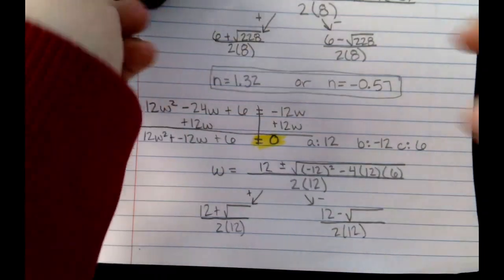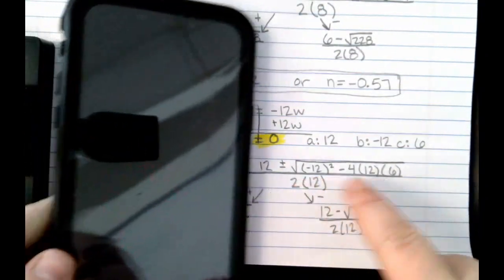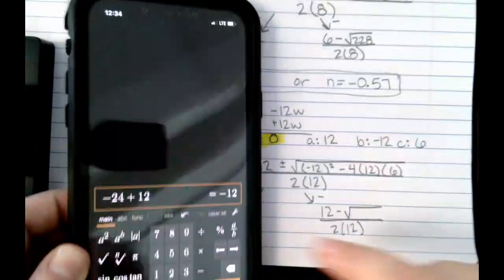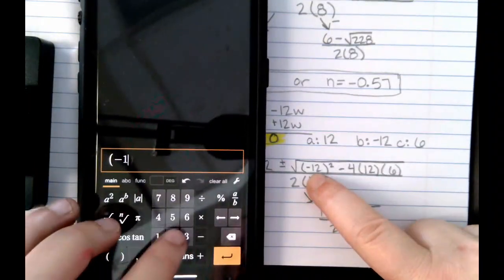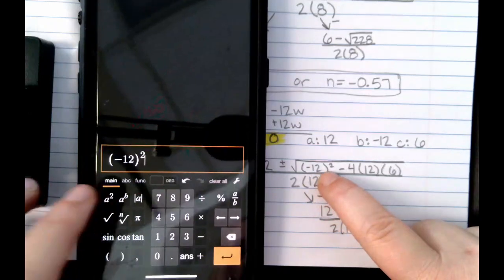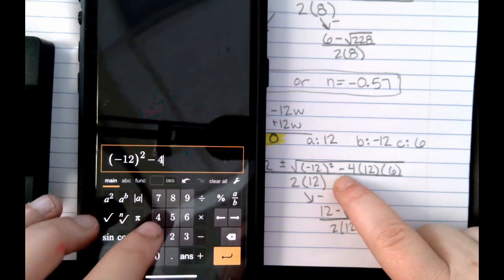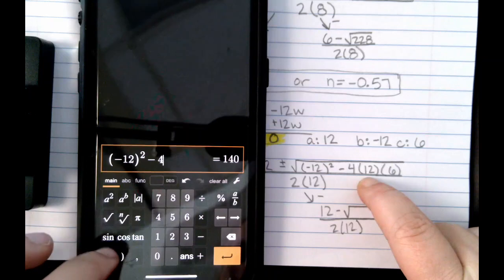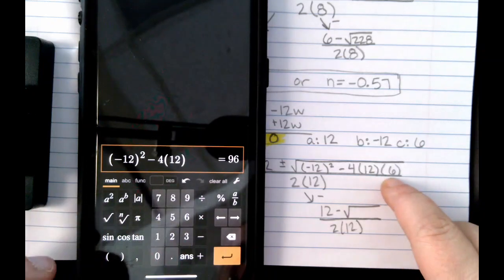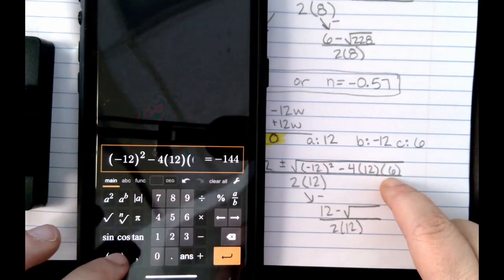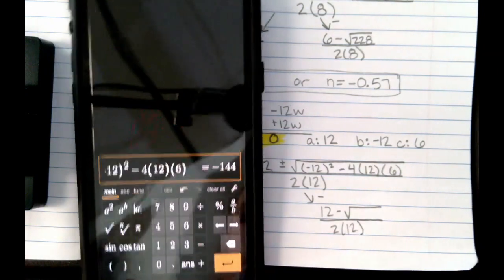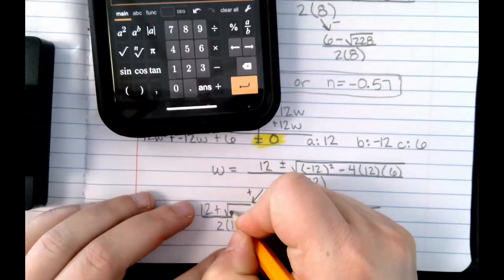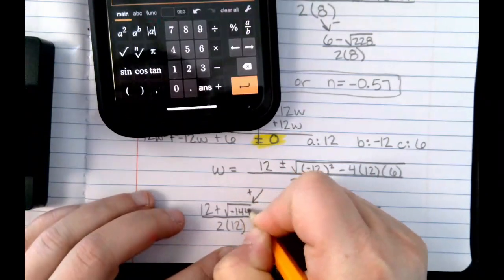Okay, so in my calculator I'm going to put in that part in the square root. So I'm going to do parenthesis, negative 12 squared minus 4 times 12 times 6. We'll get negative 144. So in that square root, we'll put negative 144. And I already rewrote it.